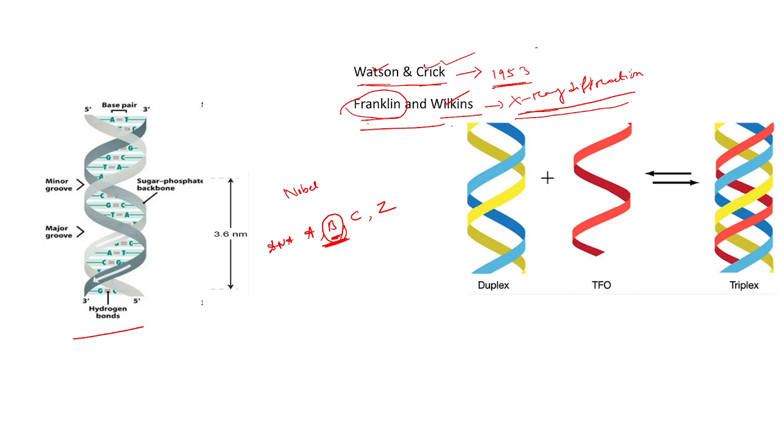So here, why is it called double-stranded DNA? Here two strands are present. Here is one strand, here another strand.